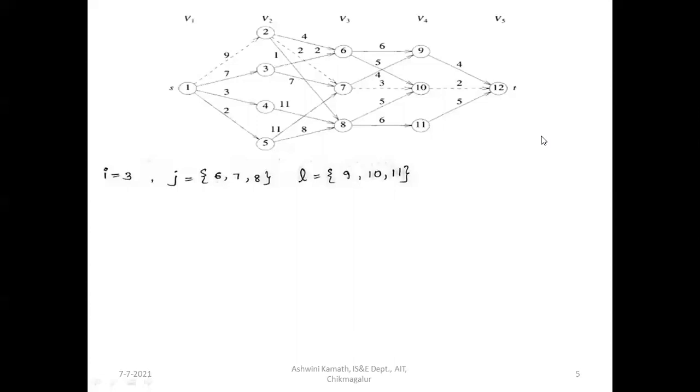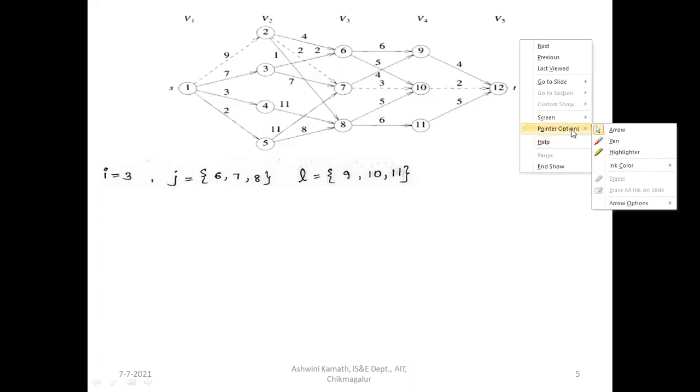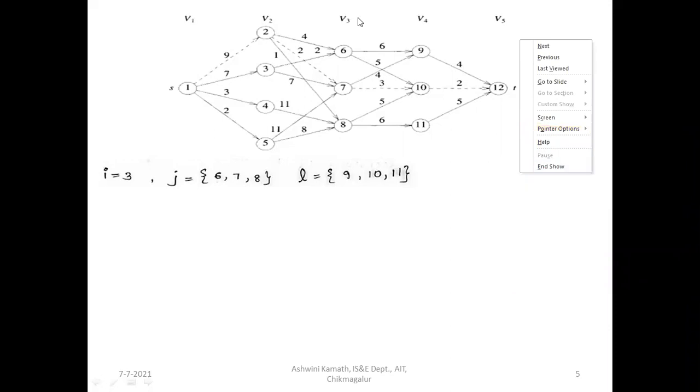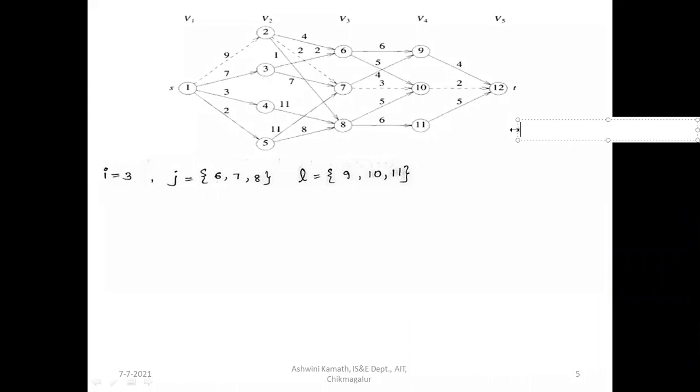So I is equal to 3. Remember that to solve the problem, we have to start at K minus 2 stage. That is the value of I: I will be equal to K minus 2.